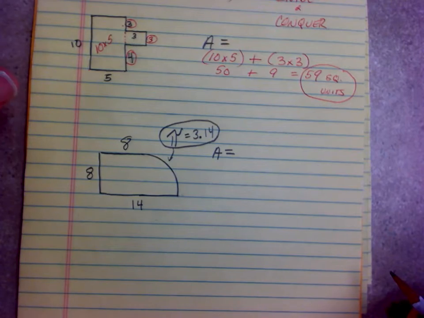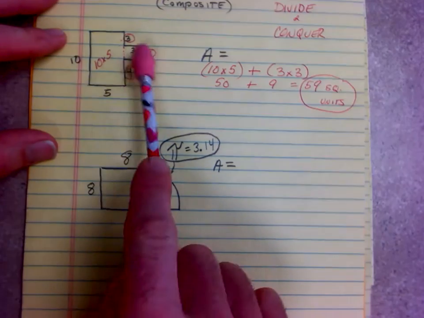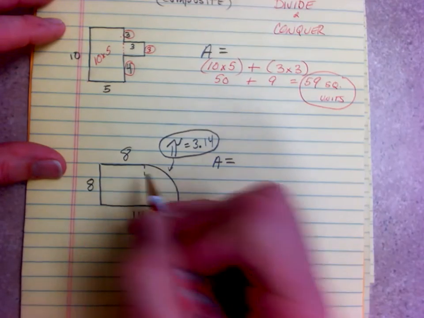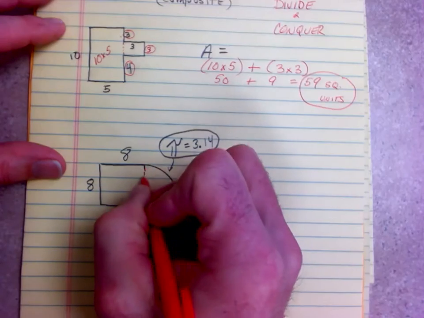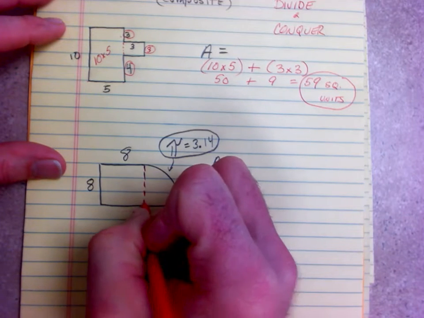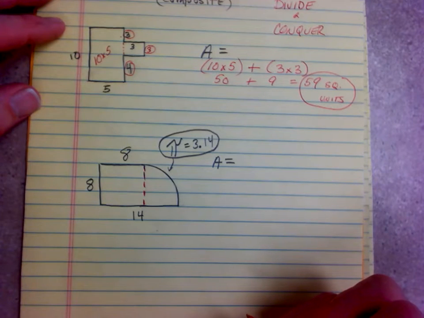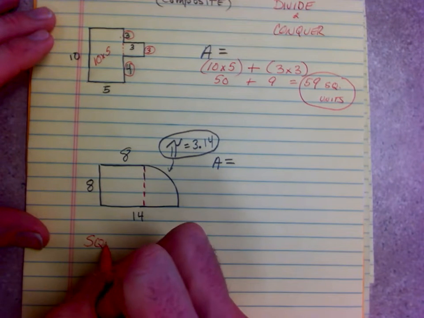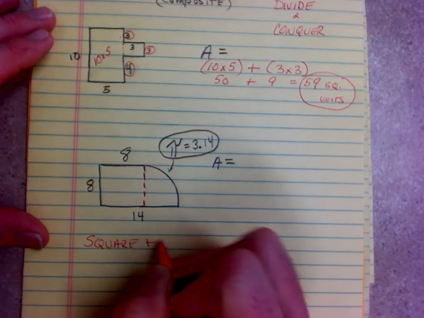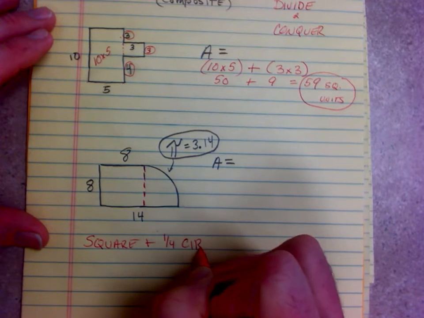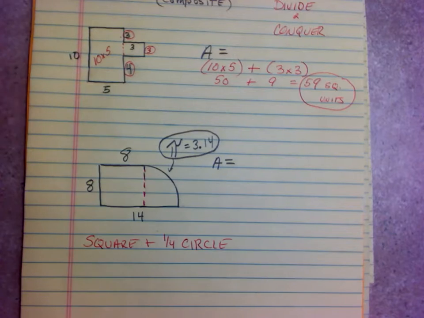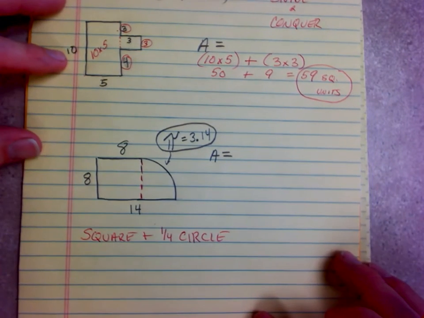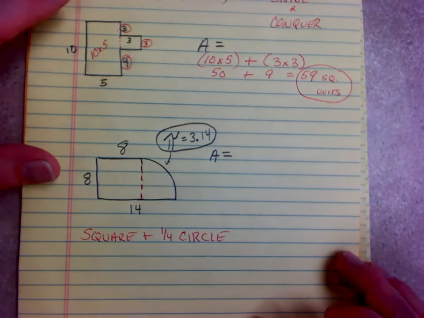Obviously the one up above, we could tell that's 2 rectangles. This one, we could probably split that up and say we got a square and a quarter circle. So that's what we should be solving. We should be finding the area for the square, and we should be finding the area for the quarter circle.